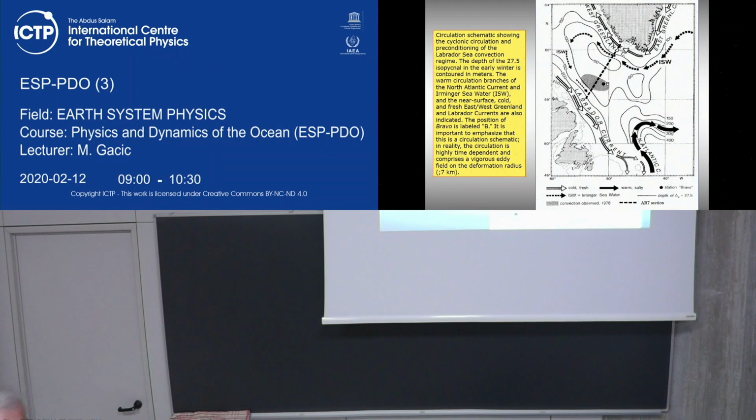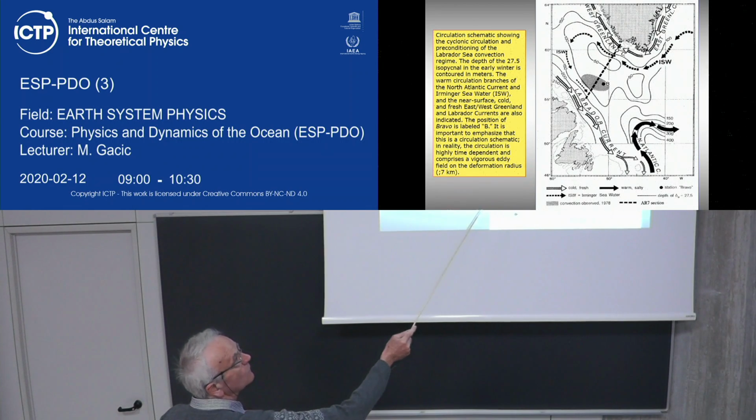Let's see how this looks like in real life in a circulation schematic showing the cyclonic circulation in the precondition of the Labrador Sea convection regime. So we have here the circulation this way.